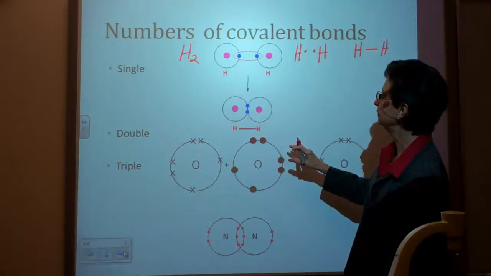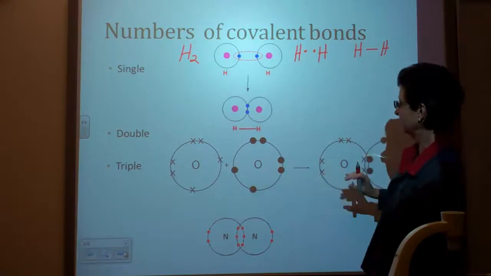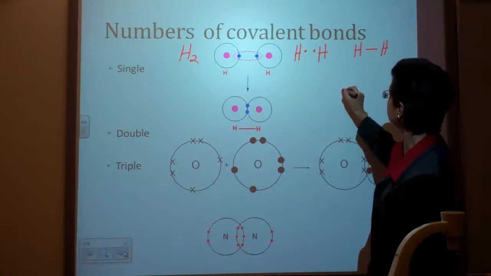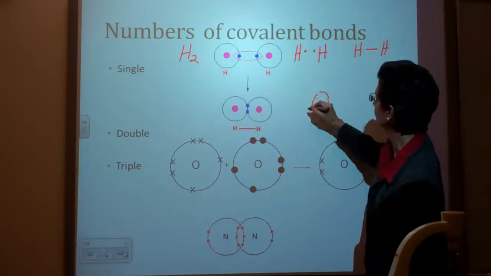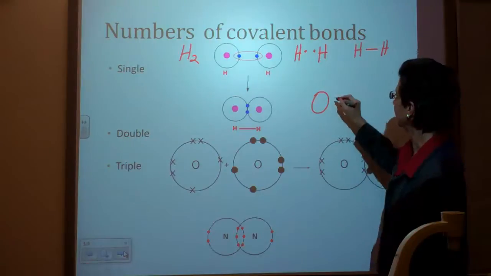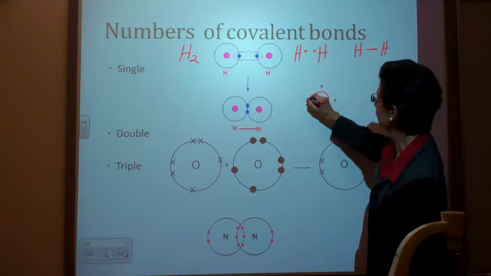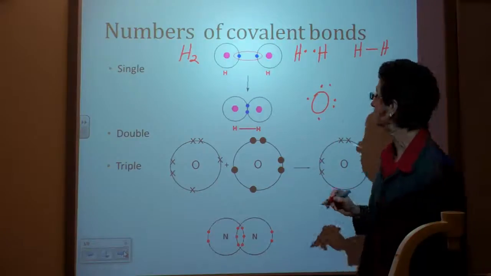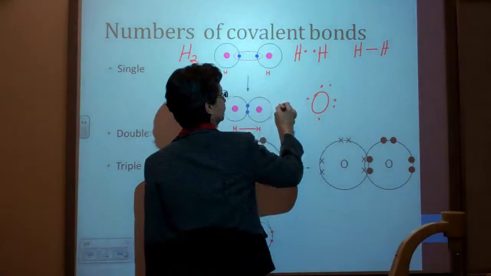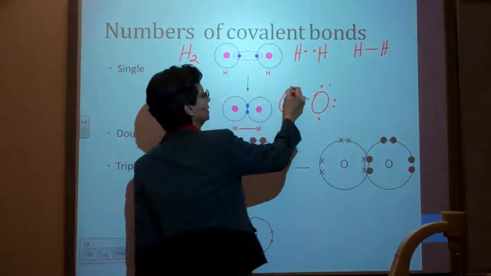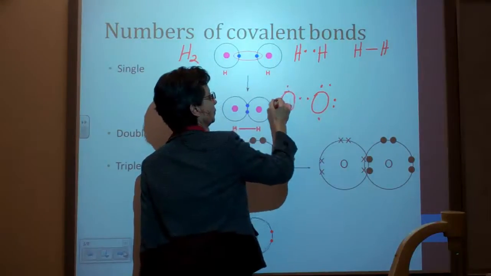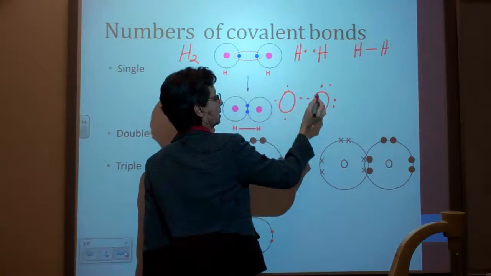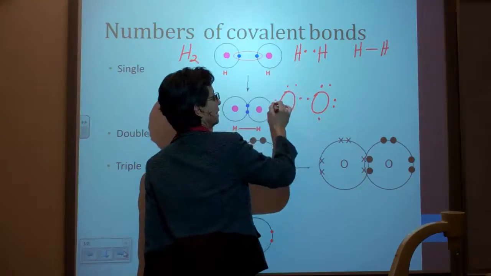Then the next one is oxygen. So I'm going to draw oxygen, and we know we have 1, 2, 3, 4, 5, 6 electrons. And I'm going to do a mirror image of that. 1, 2, 3, 4, 5, 6.